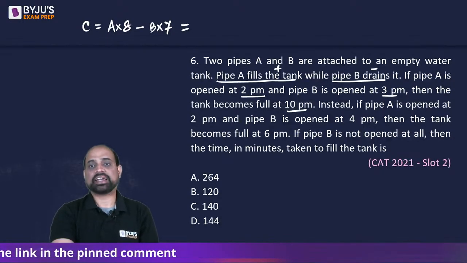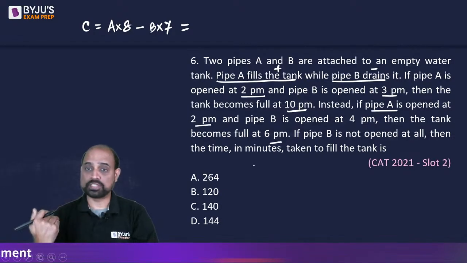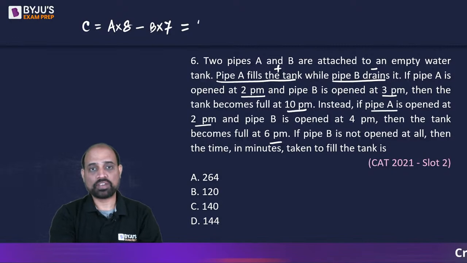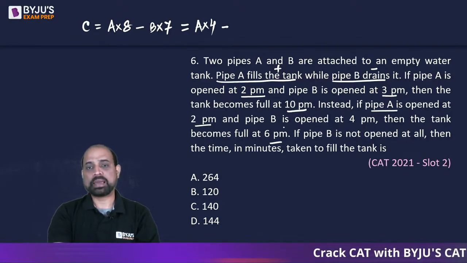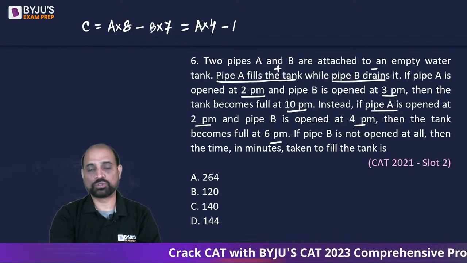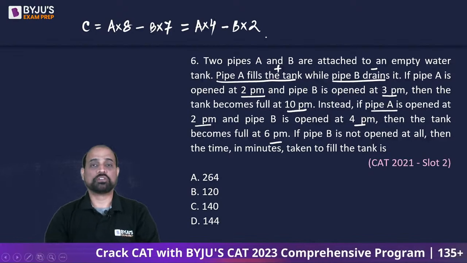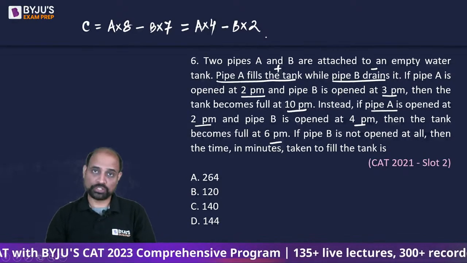The same tank, pipe A is opened at 2 p.m. and we're talking about up to 6 p.m. same day. So can we say A was working for 4 hours and pipe B is opened at 4 p.m. and pipe B was only open for 2 hours. So it was able to remove B into 2 amount of water.